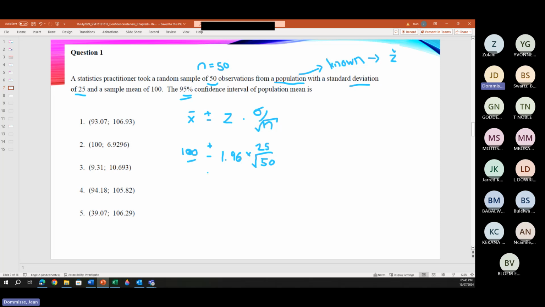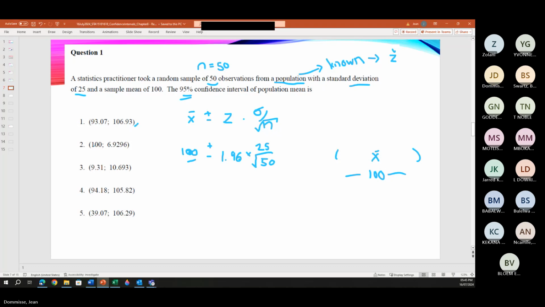We know the mean is 100, so the point in the middle is going to be 100. The upper confidence limit is going to be more than 100. The lower confidence limit is going to be less than 100. So when I look at the answers, I look at this one and say, okay, 93 is less than 100, yes. 106 is more than 100, yes. So that might be one of the answers.